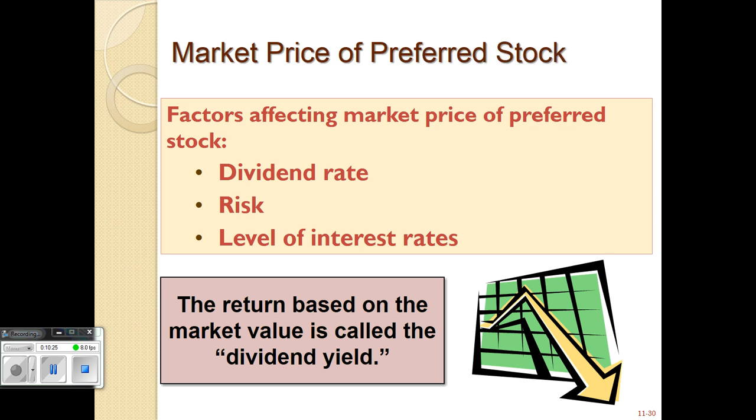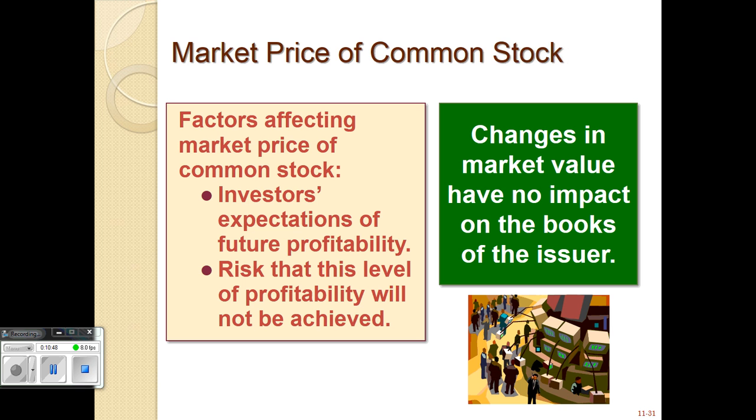And when interest rates go down, preferred stocks tend to go up, because they trade very similarly to bonds. The reason is because the dividend is fixed. The return based upon the market value is called the dividend yield. If we take the dividend and divide it by the price of the particular stock, that will give us the dividend yield.